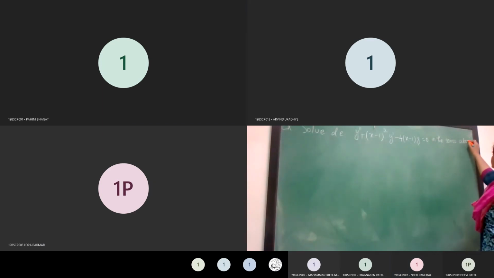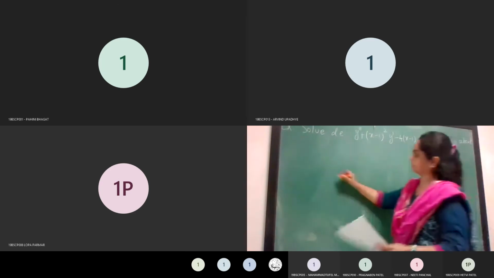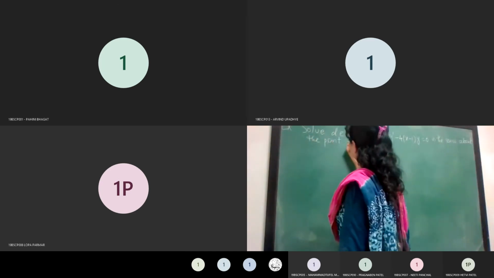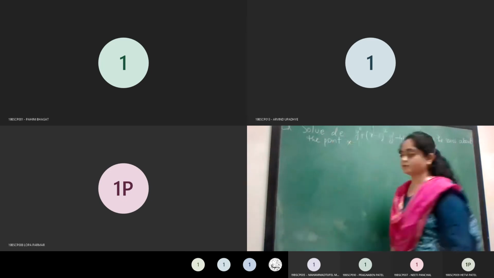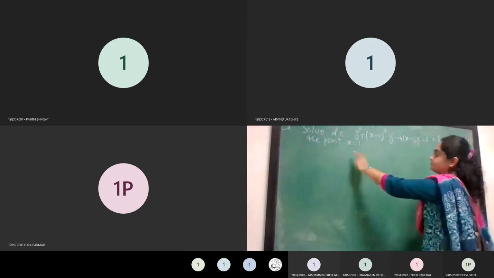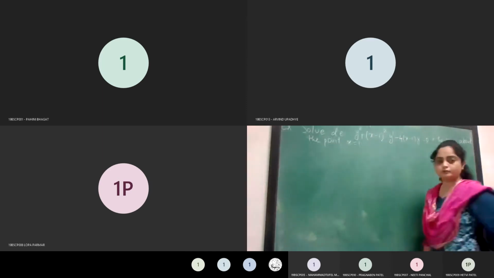In series about the point x is equal to 1. So the question is, you have to solve this differential equation in series form about the point x is equal to 1.